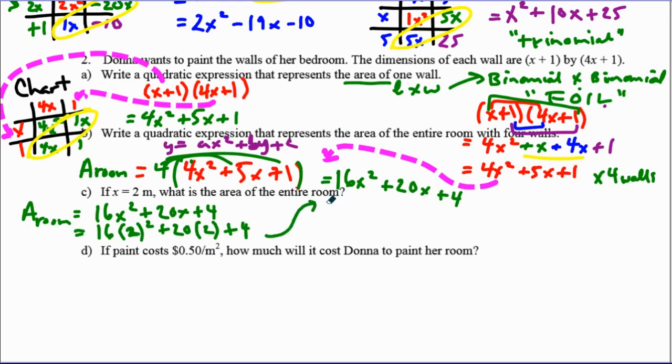We have 16, and then 2 times 2 is 4, plus 20 times 2, plus 4. And we continue. That's going to give us 64 with our calculator, I guess, plus 40, plus 40, okay, is 104. 104.